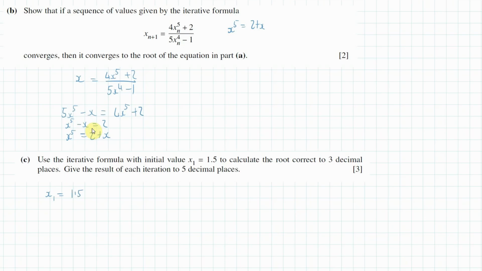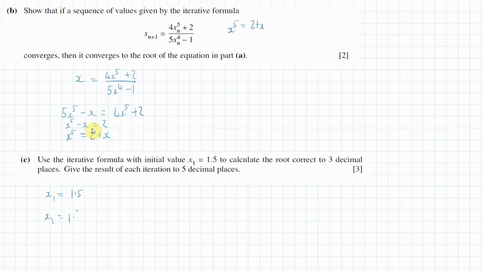The first step is to go 1.5 equals, and that becomes the answer stored in your calculator. So then you type in 4 answer to the power of 5 plus 2 all over 5 answer to the power of 4 minus 1, and then you go equals, and so this gives you your second value, which we'll call x2.